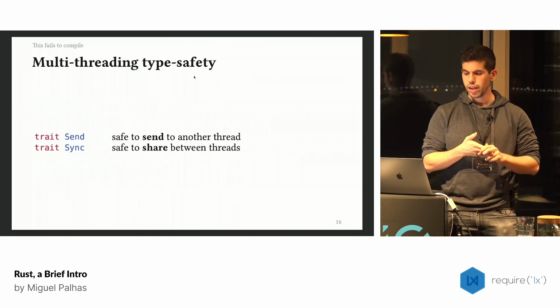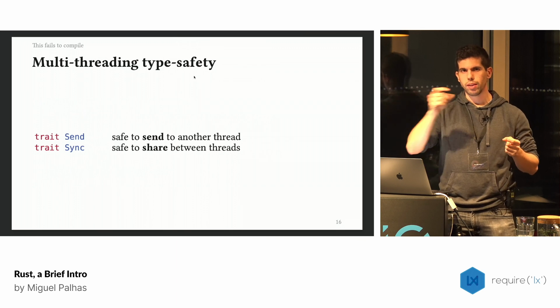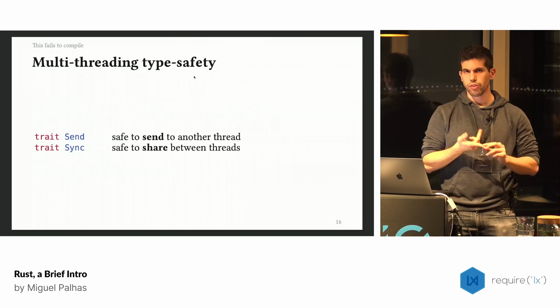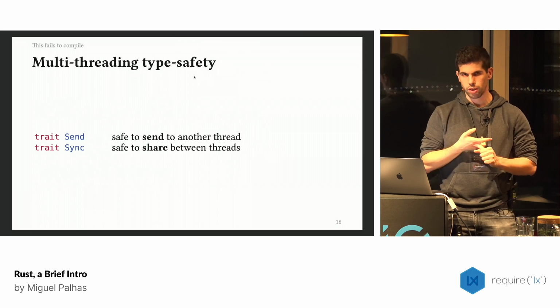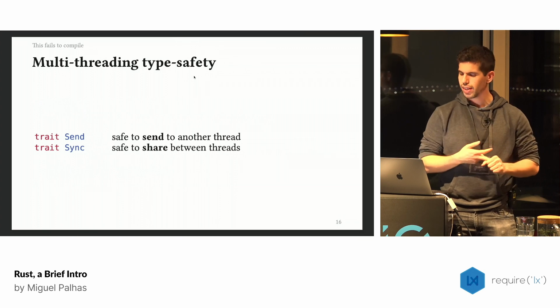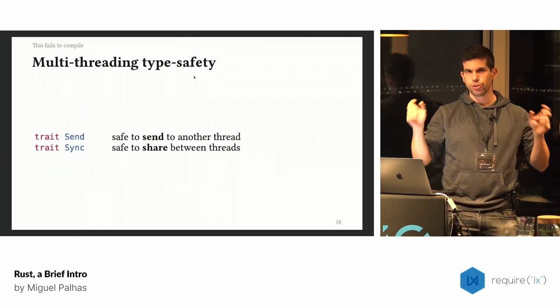If it doesn't implement the Send trait, then the compiler won't allow us to create a thread and send that value to that thread. A safe value to send is, for example, an atomic reference counter. A mutex is Sync, not Send, sorry. And then a Sync is a type that is safe to share between two threads.